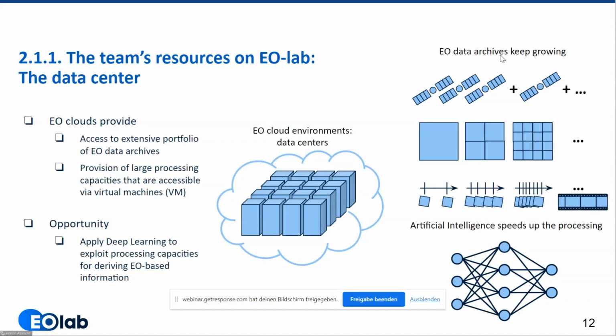And that's why we use GPU processing, artificial intelligence, to speed up our processing to enable us to exploit this vast archive of EO data. And the data center has these processing capacities to run AI models on it. That's why we go there, and that's why we want to have our quota there.